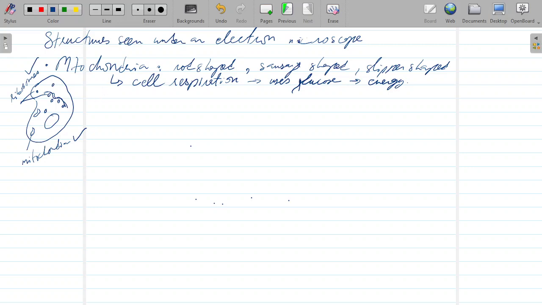It is the process of using glucose, which is a sugar, to produce energy. So the cell is working. It needs energy. Where is that energy going to come from? It's going to come from this process. Where does that process happen? In the mitochondria. The mitochondria is present in both animal and plant cells.